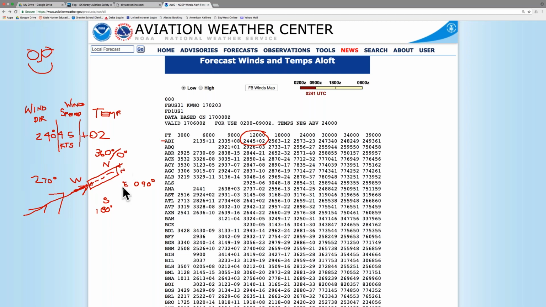So a 240 or a 24 on a runway, just like everything else we're talking about right now, the 0 at the end is implied. With a 240 or a 24 runway, we would be heading into the wind at that point. Does everybody understand that principle?